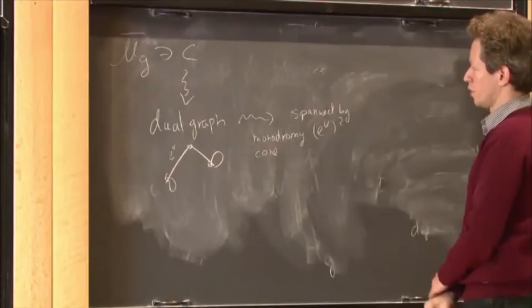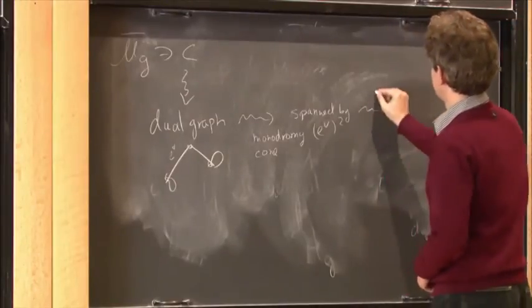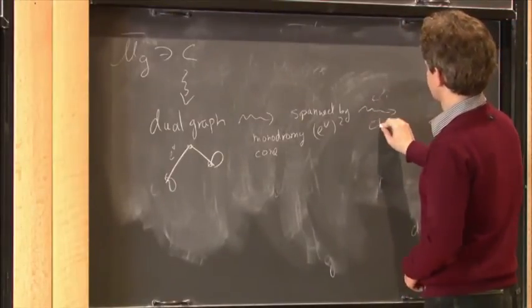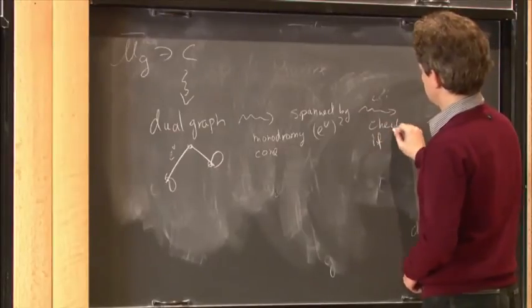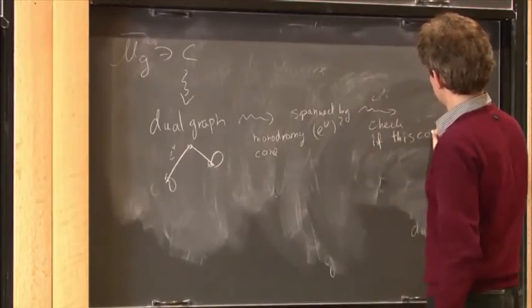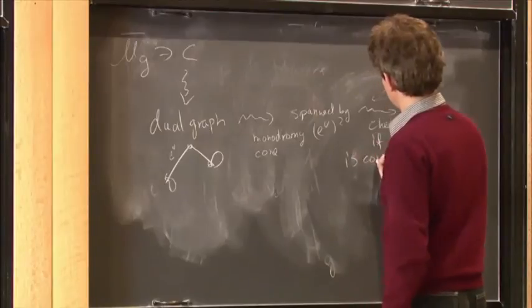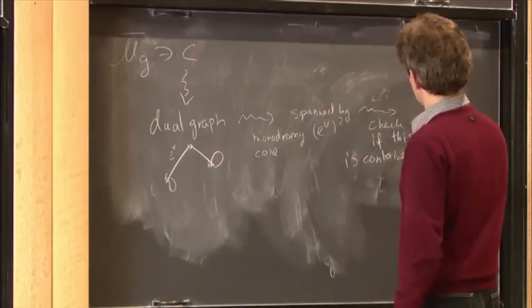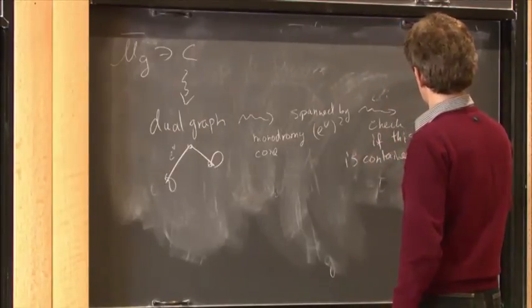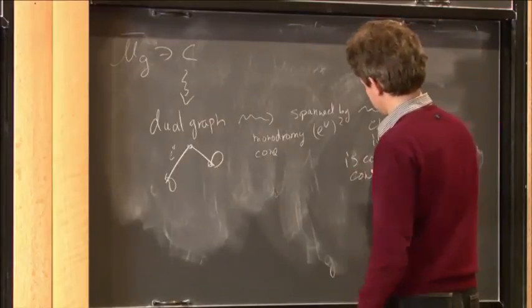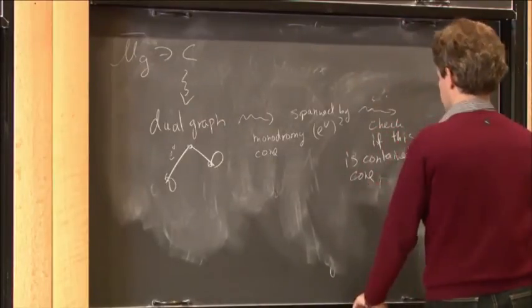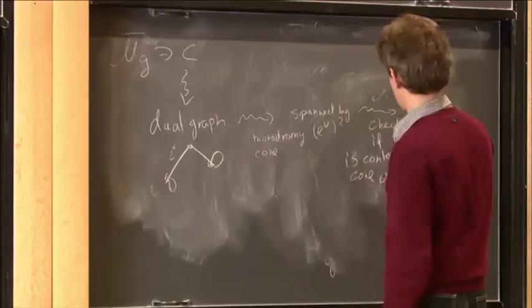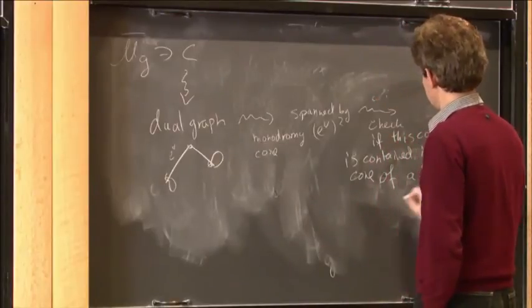And then I can check if such a cone is contained in a cone of a fan defined in a toroidal compactification.